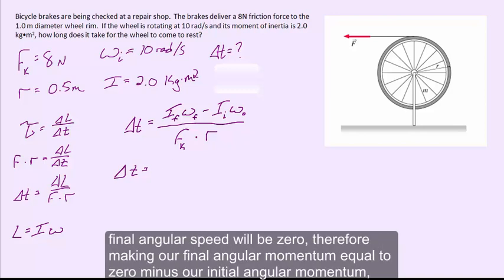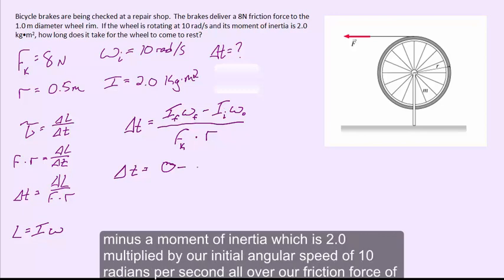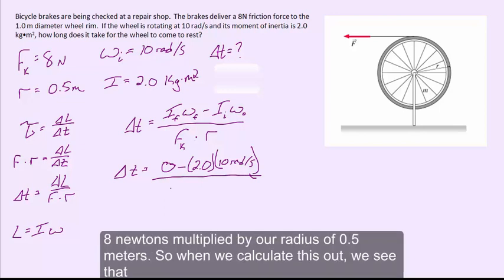our final angular speed will be 0, therefore making our final angular momentum equal to 0 minus our initial angular momentum, which is the moment of inertia, 2.0, multiplied by our initial angular speed of 10 radians per second, all over our friction force of 8 newtons, multiplied by a radius of 0.5 meters.